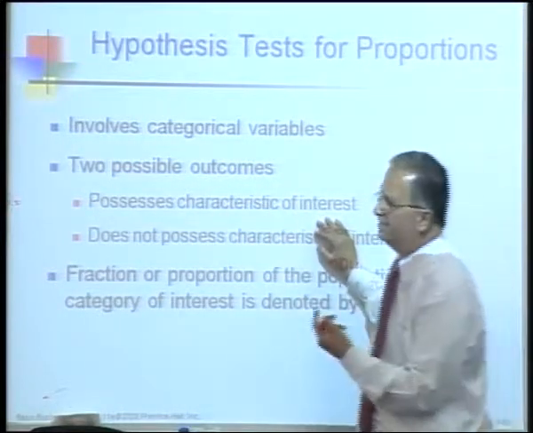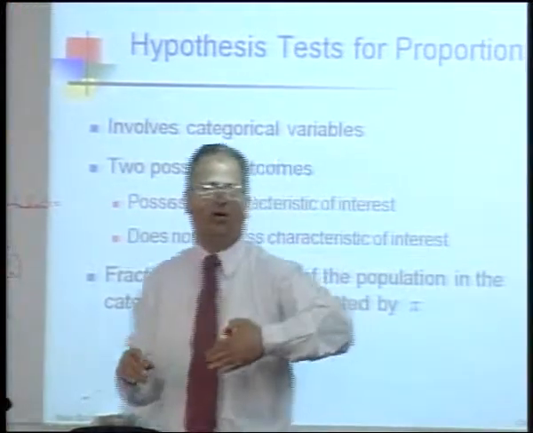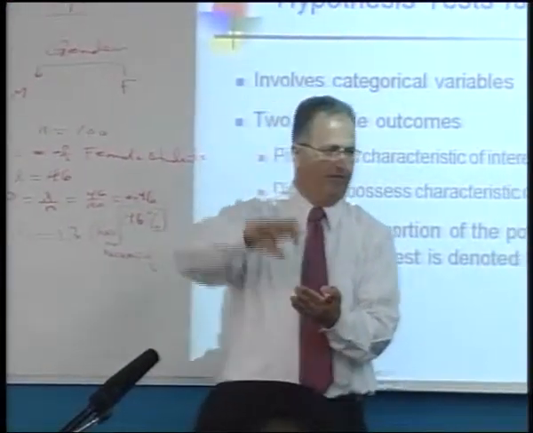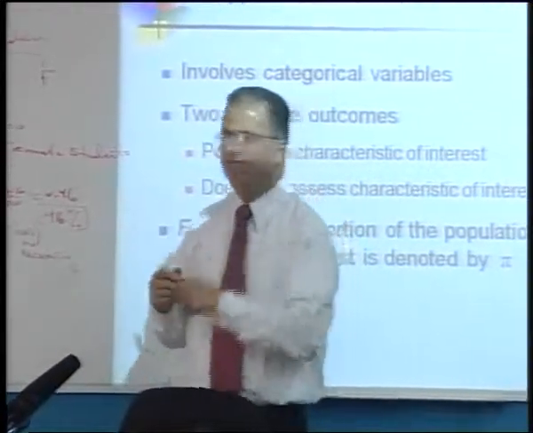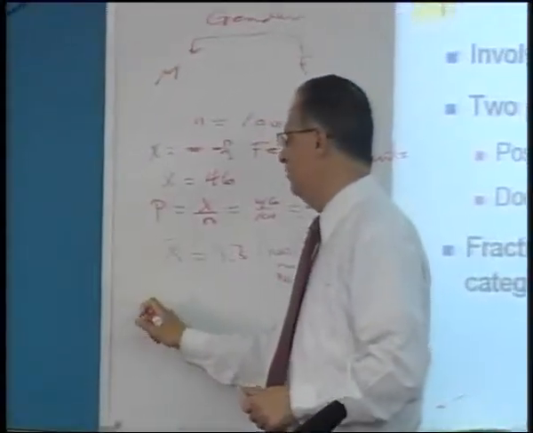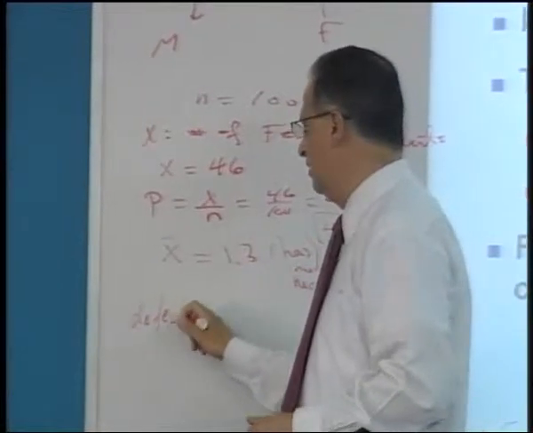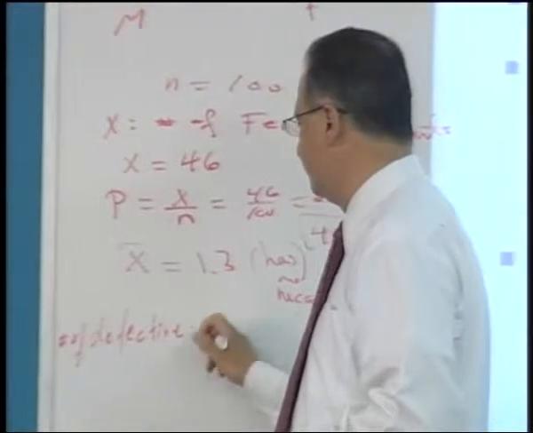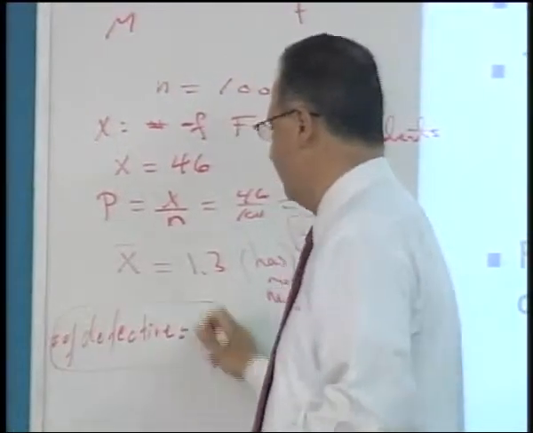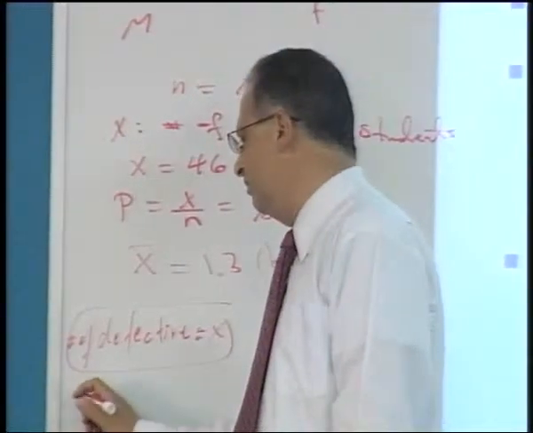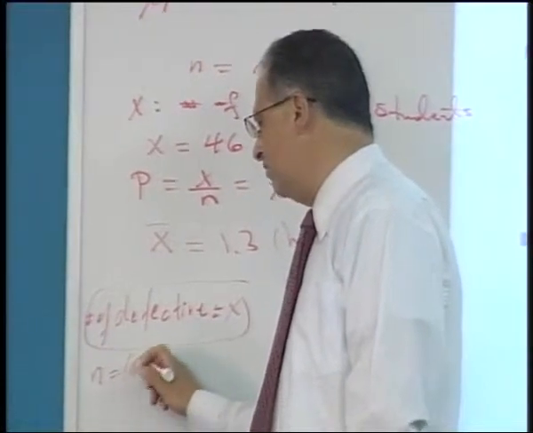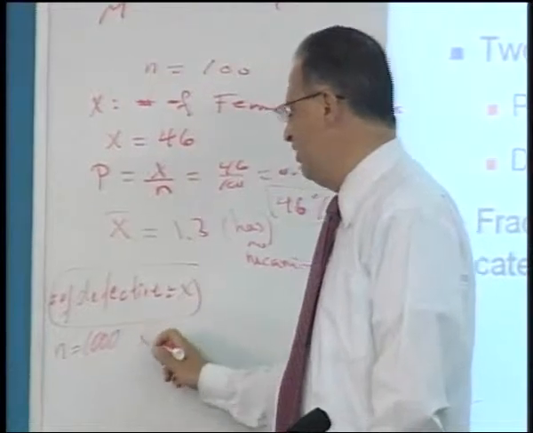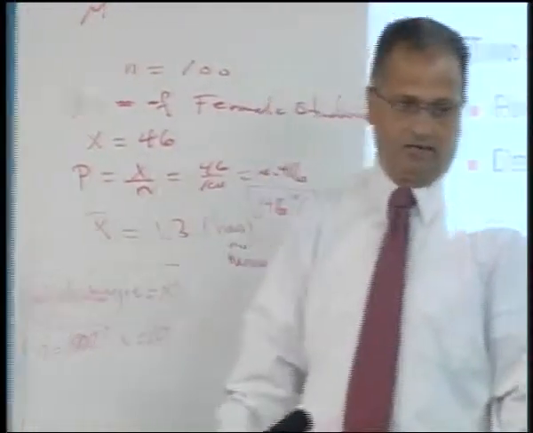So suppose I am interested in the number of defective items that is produced by a firm. So my interest here is the number of defective items. So the number of defective items is your X. For example, suppose the firm produces 1,000 items, and we found that 10 of them are defective.